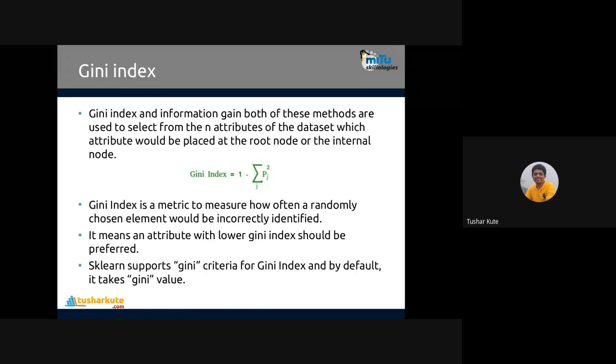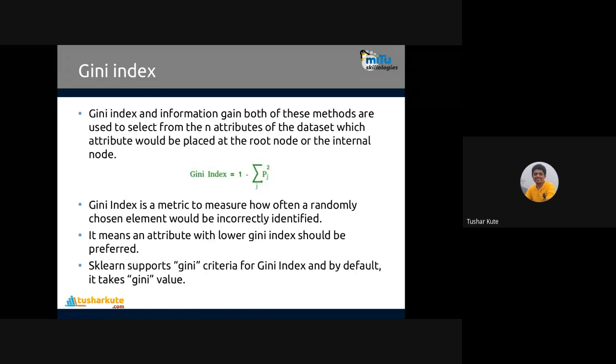Both of these methods are used to select, from the n attributes of the dataset, which attribute would be placed at the root node or the internal node. You can see the Gini index: 1 minus the sum over all j of p squared.